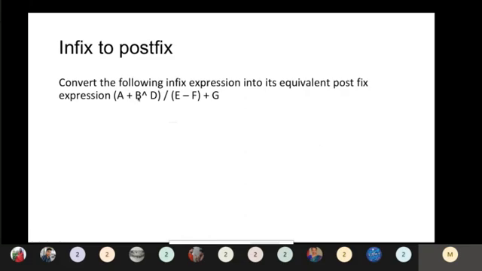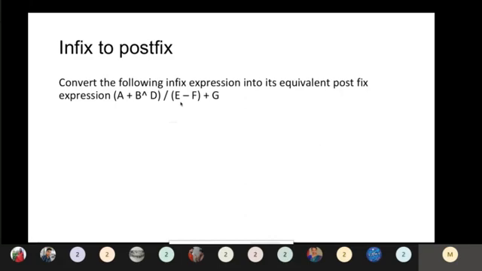Now we want to convert it to postfix. So how to do it? This is the given expression. You have to start from the left-most and read it character by character. Assume this is a single expression with n number of characters.